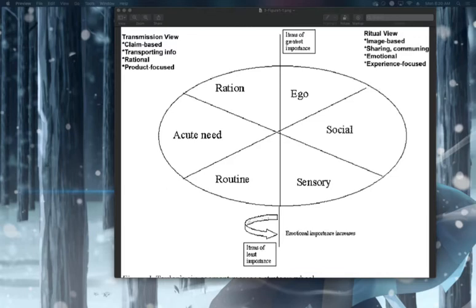There's identity involved, there is need involved, there are social benefits or sensory benefits that go on. And so this is, again, a theoretical model, but the applicability for how you write persuasive arguments is going to be very beneficial here. So let's go ahead and jump into this model.